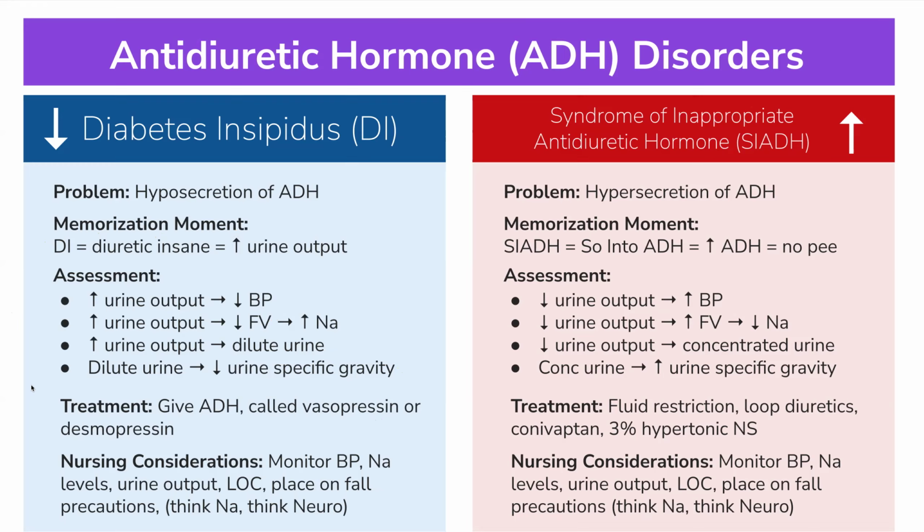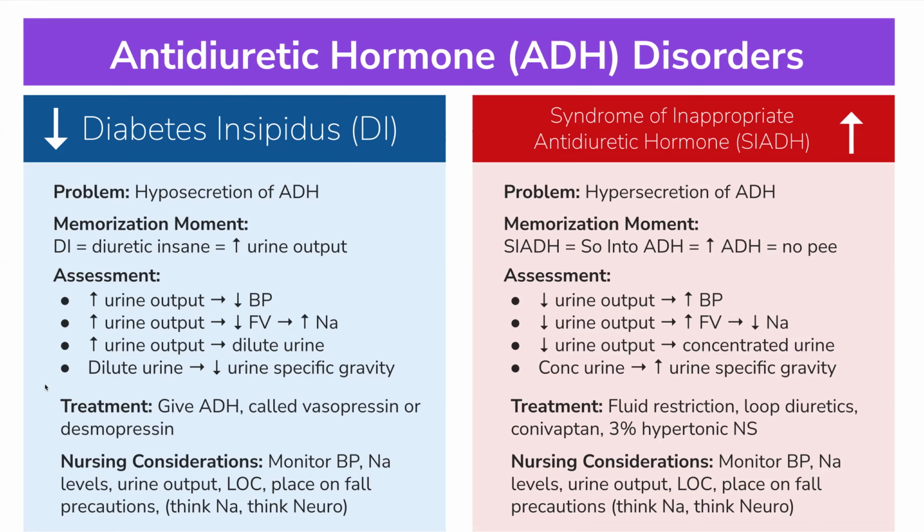Okay? So what is the treatment? Because they have low ADH, we give them ADH. This medication is called vasopressin or desmopressin. Basically we're giving them ADH because they're low in it. Some nursing considerations: you monitor blood pressure, monitor sodium levels, and monitor urine output.